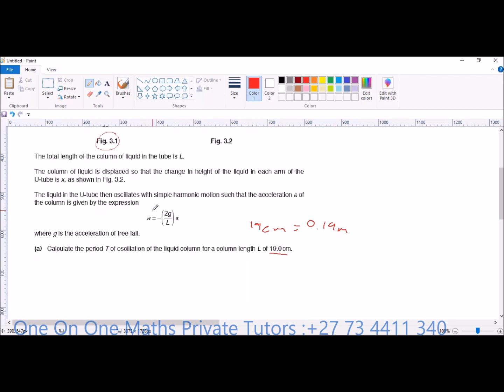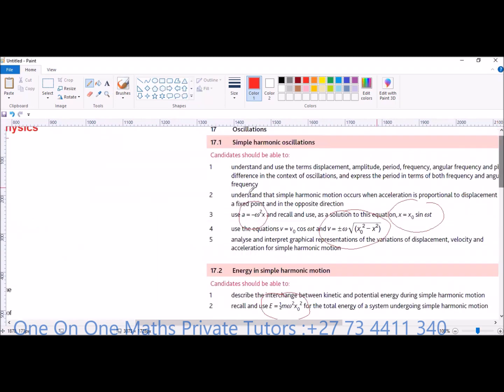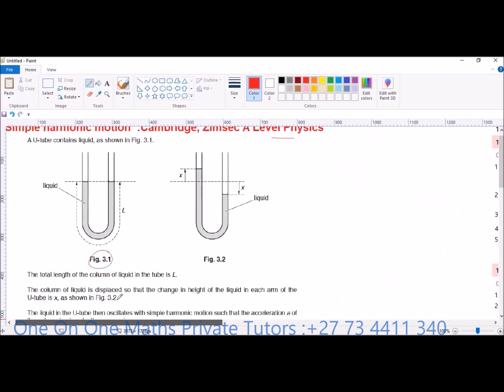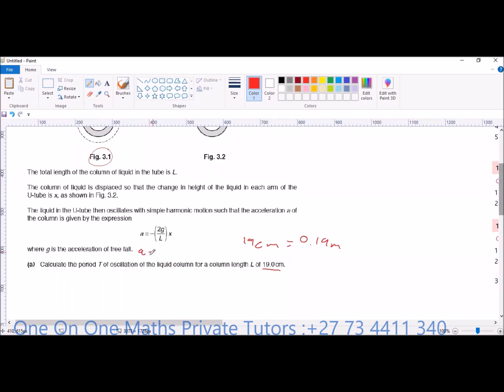So we are given this expression. But what do we know? Let's look at the syllabus. The equation we are accustomed to is a is equal to minus omega squared x. So our acceleration is equal to minus omega squared x. Acceleration is the same, x is there, and the negative is also there.